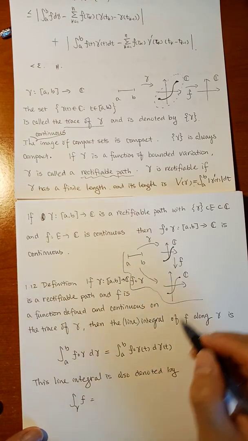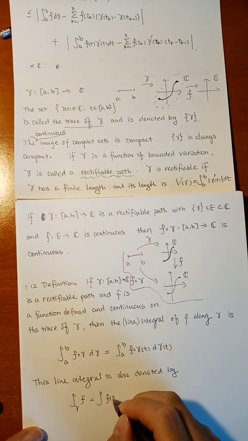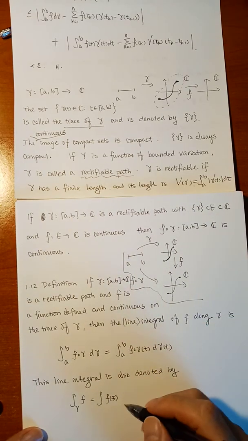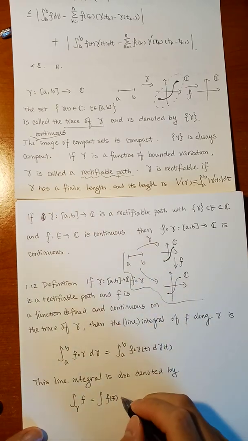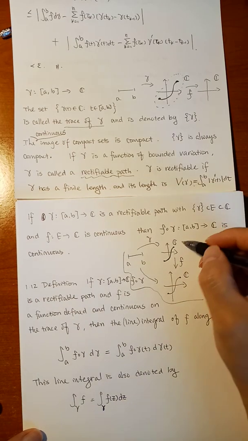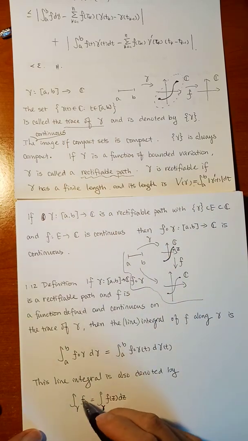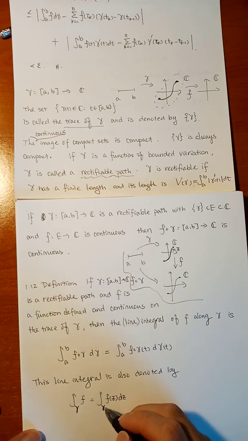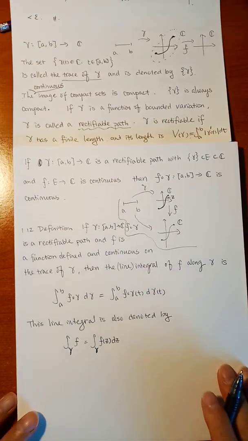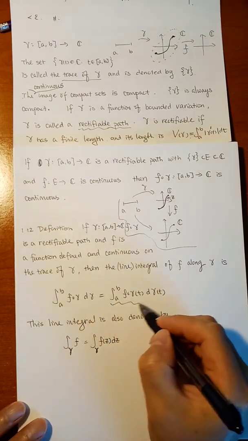And gamma(t) is a complex number z, right? And dz, but you only consider this z over the image set. This is a point z, whatever point on the graph. So you may see the integral of f along gamma, or f(z) dz along gamma, the same thing. But they both go back to this definition.